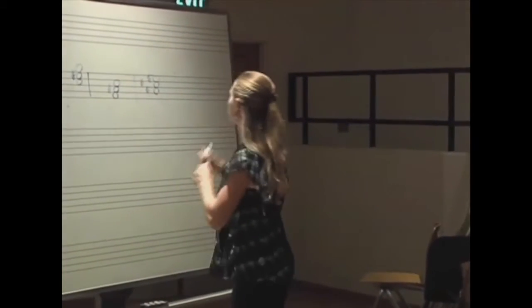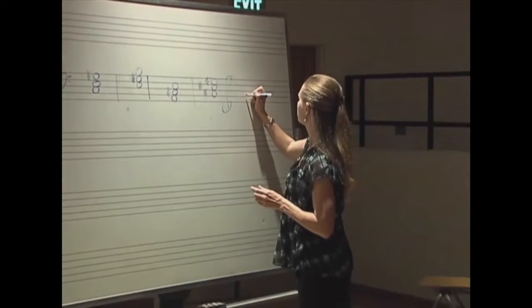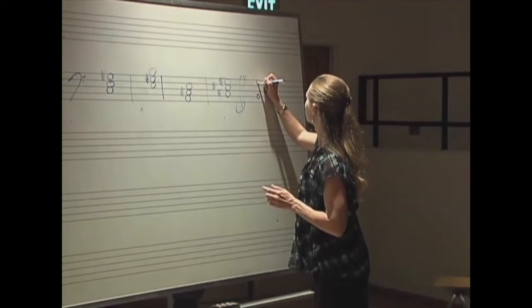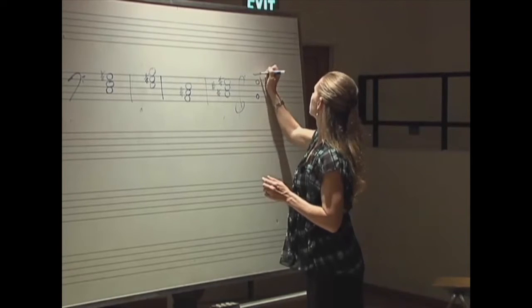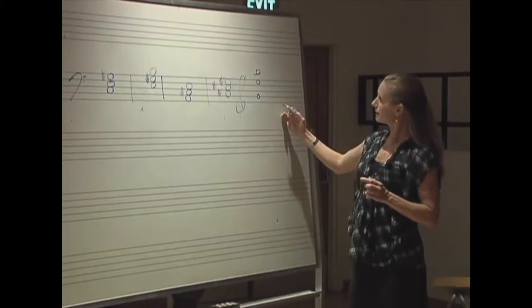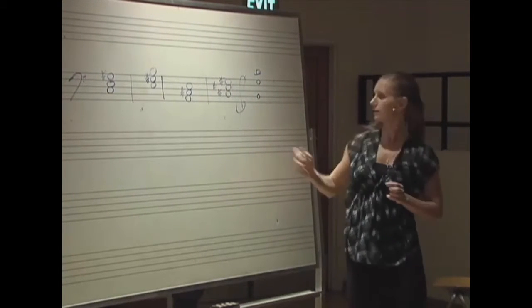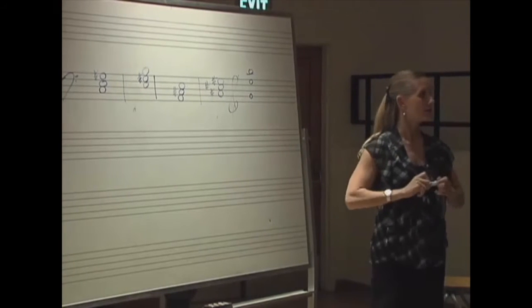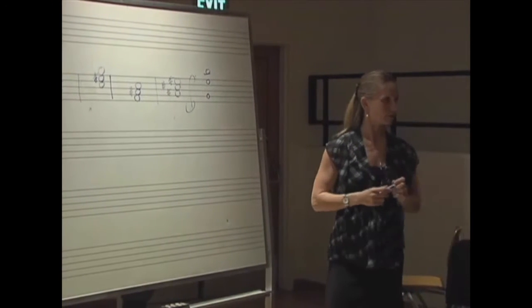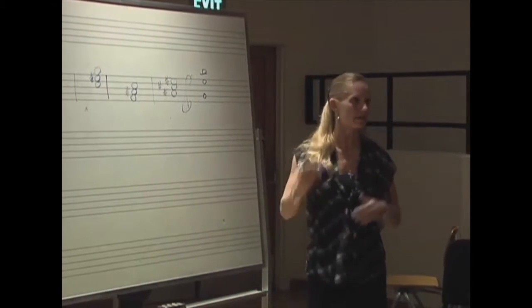Someone asked, does it matter what octave it is? And the answer is no. It could all be treble clef if you have a chord way up here in treble clef, and it's spaced very oddly. It's still E, G, B, and the G is the bass and the E is the root.